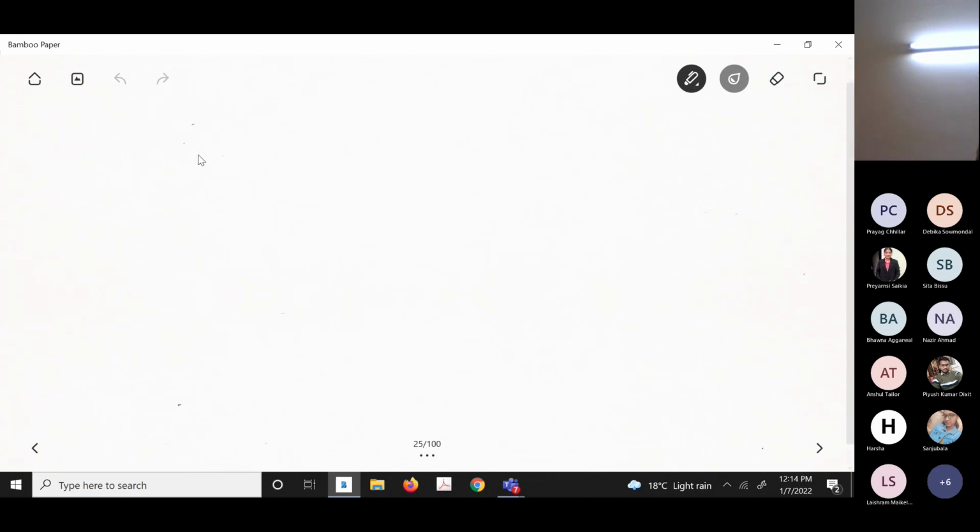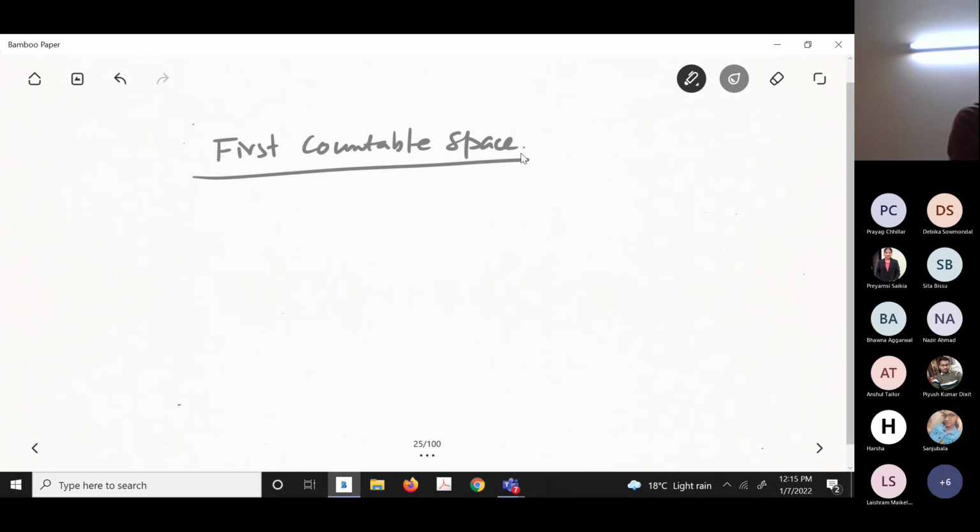Okay. So you have got the definition of first countable space. I'm repeating the result; I'm basically copying from Willard.